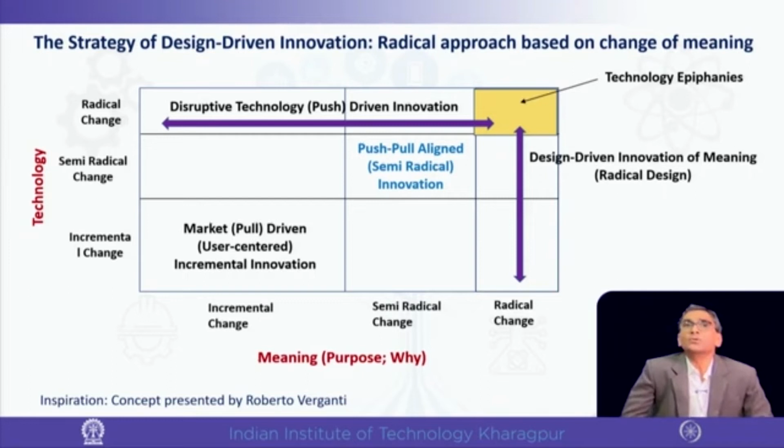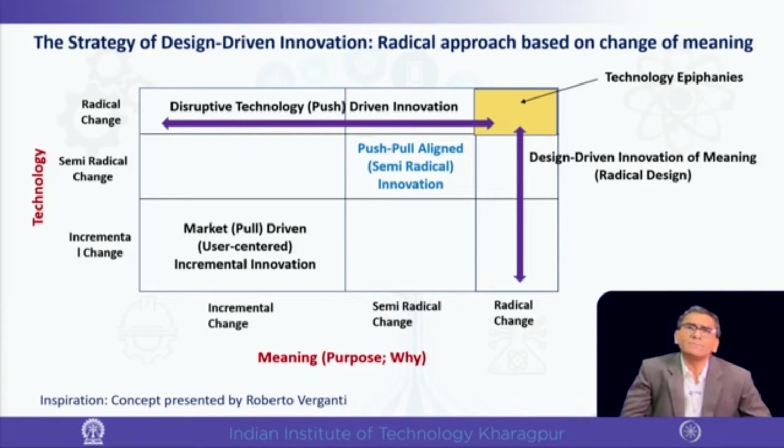But in other regions you also see that incremental innovation happens, or push-pull aligned. Sometimes it may not be entirely market pull or entirely technology push, but based on some created technology, some alignment is sought, that is, how that technology can be used in a particular market.